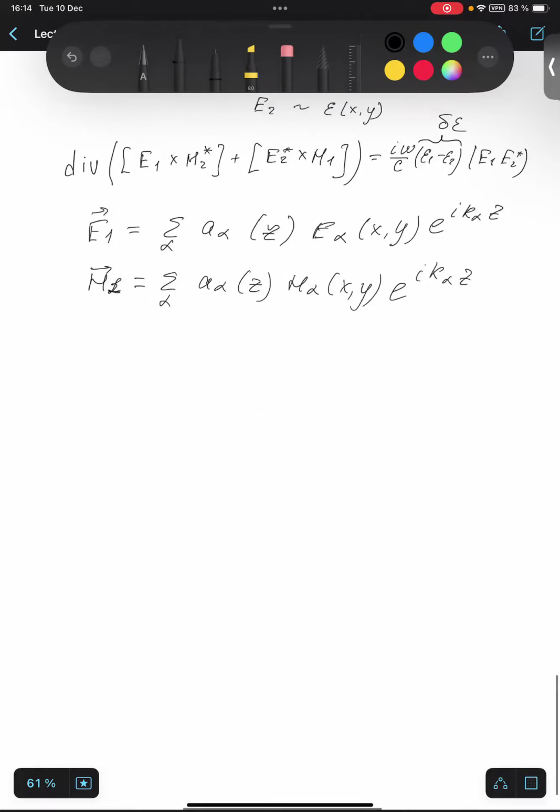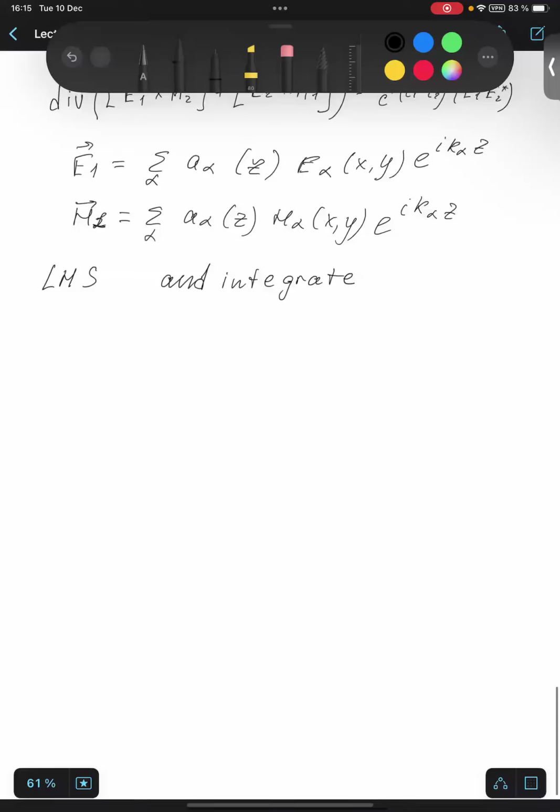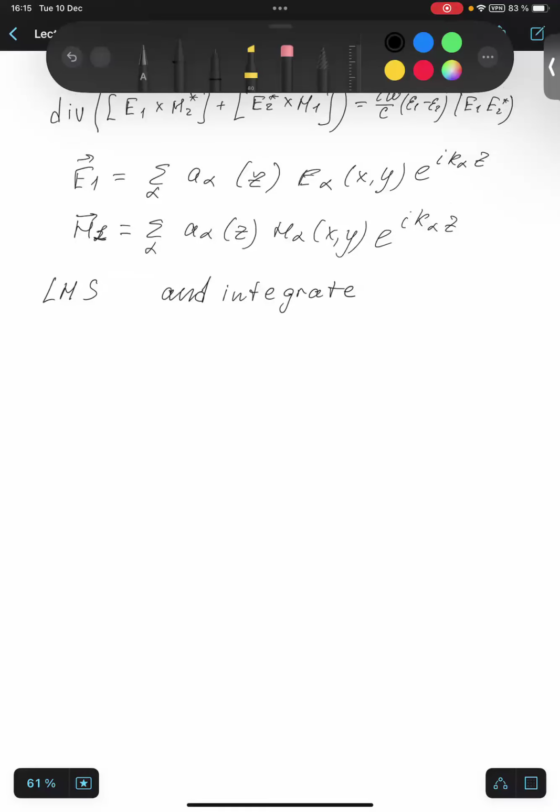For the second mode, the same. And let's substitute it first into the left-hand side, and integrate over a small delta z. And also let's change indices to our alpha and beta.